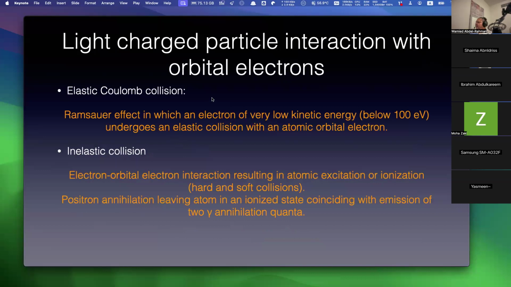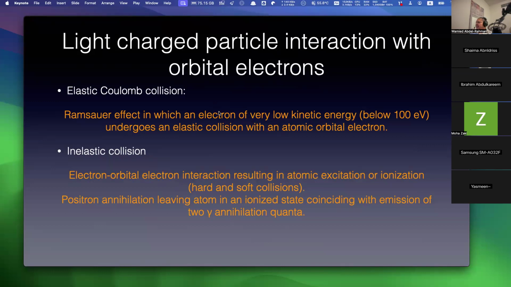How about light charged particle interactions with orbital electrons? We can have elastic Coulomb scattering, where an electron interacts with an orbital electron, and the orbital electron does not take any of that energy, but the projectile electron is going to be deflected at an angle. They're going to be scattered.